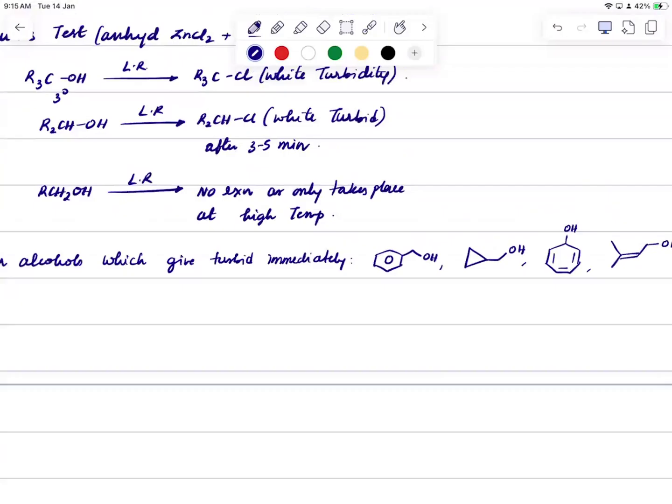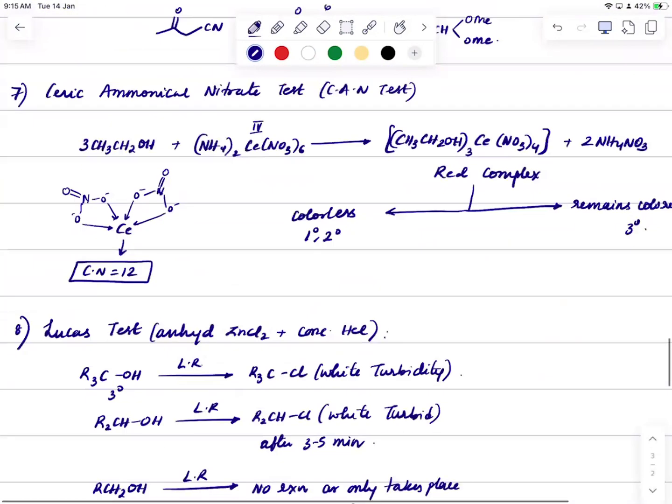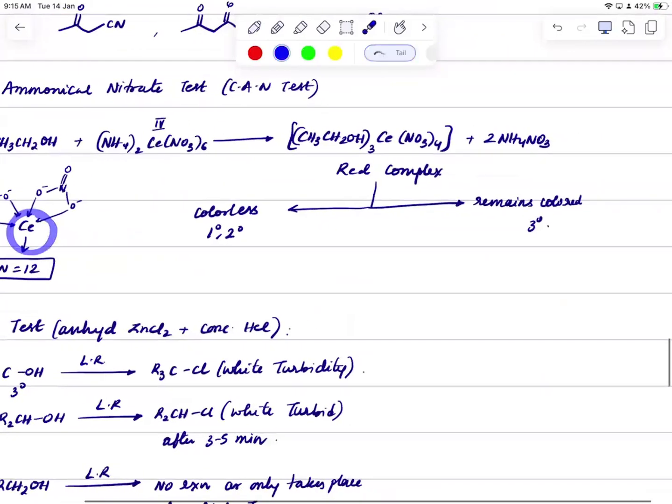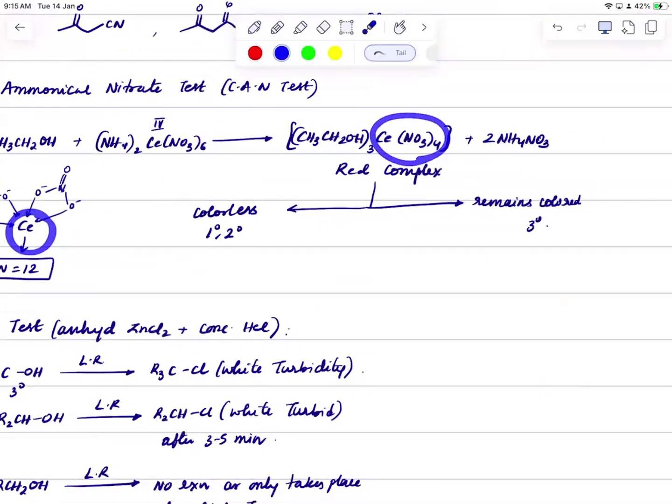So would the coordination number of Ce change? Yes, better. The coordination number initially is 12. Here it is 12. Clear? Here the connections are still 12, because 4 twos are 8 here and 8 plus 3 connections, another 3 connections, 12 connections here. So as far as the complex is concerned, it is remaining 12.